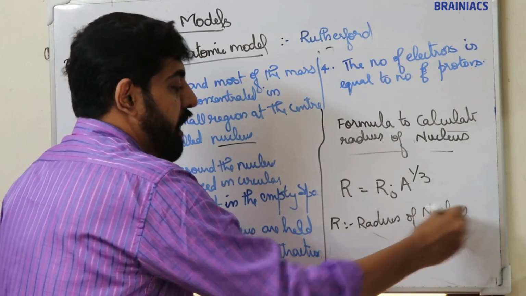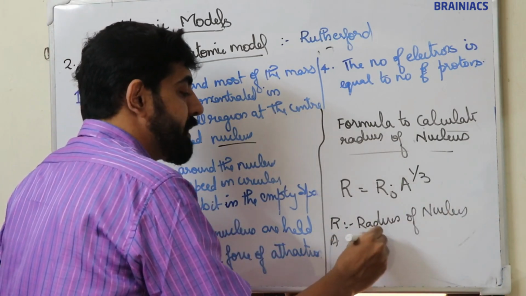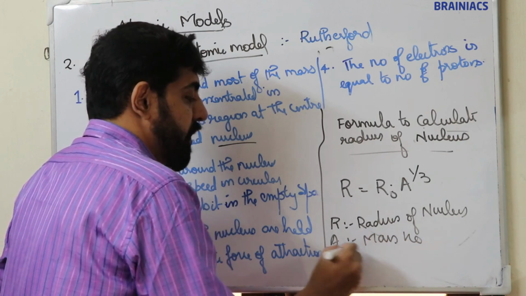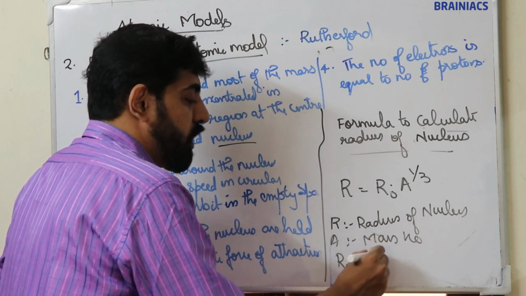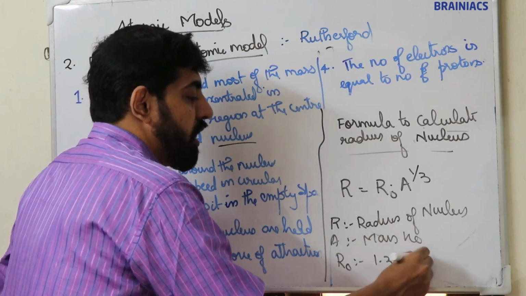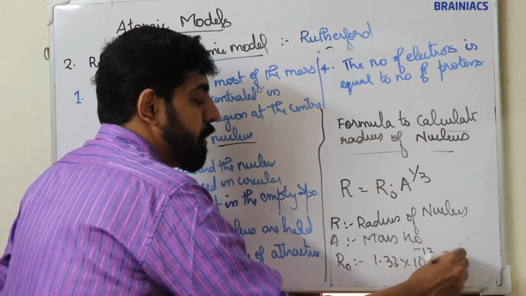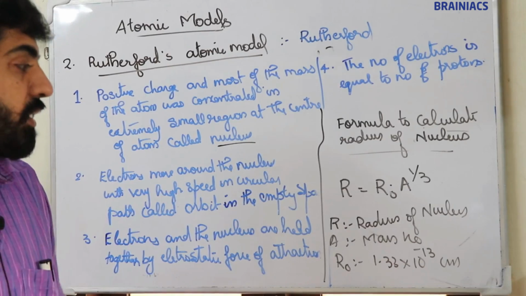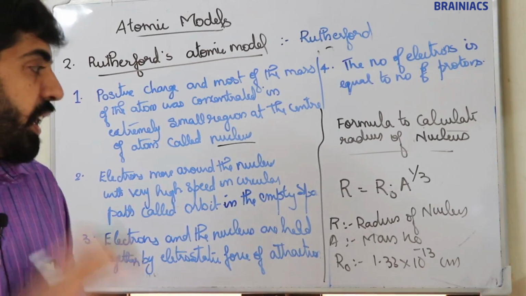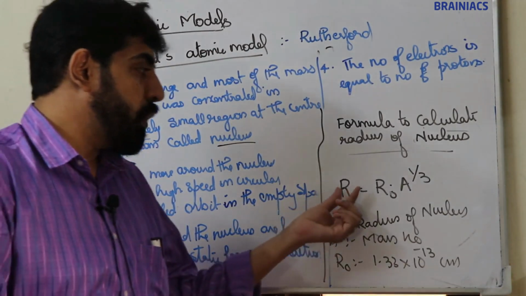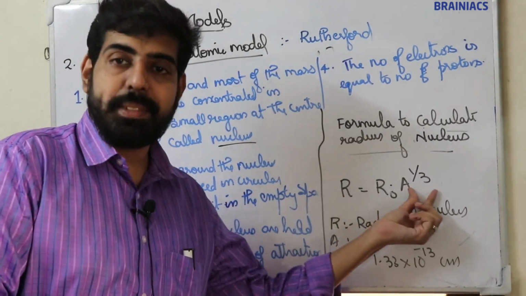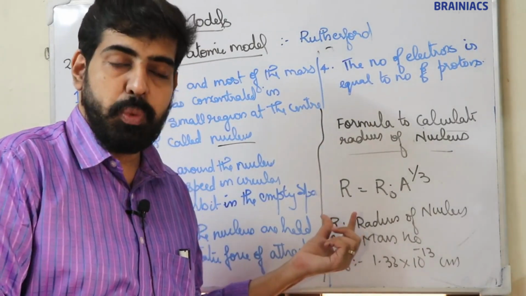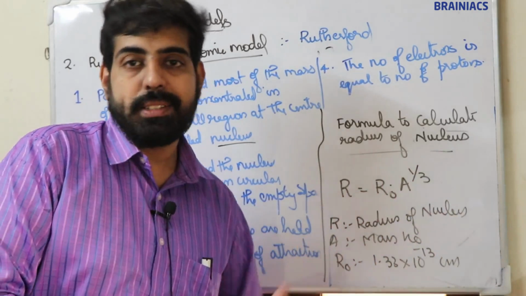So this is the relation between the radius of the nucleus and the mass number.